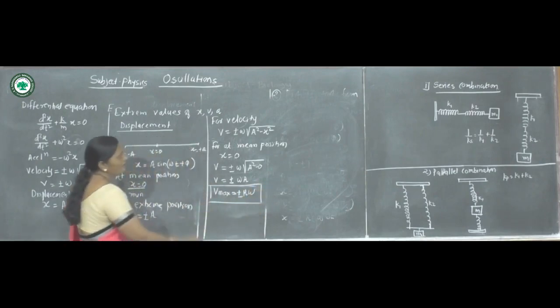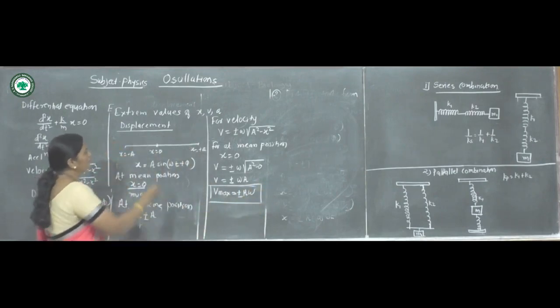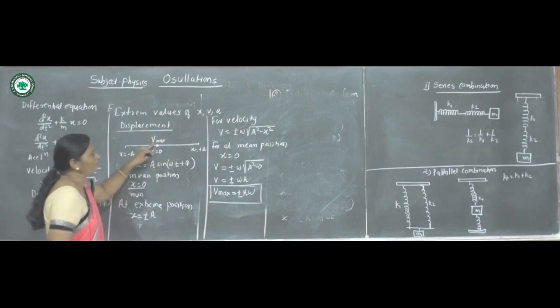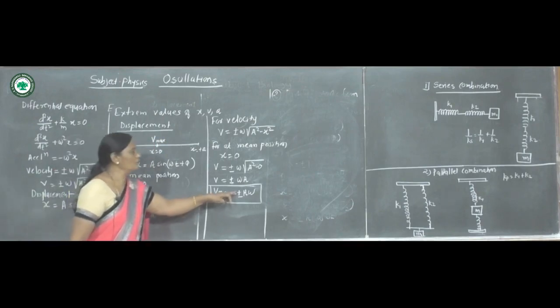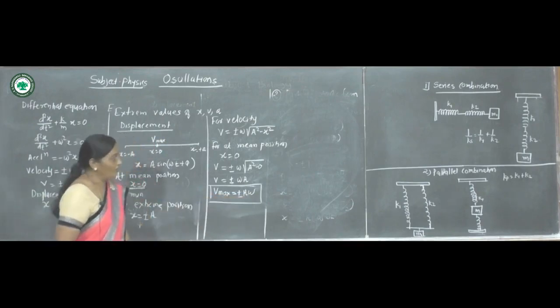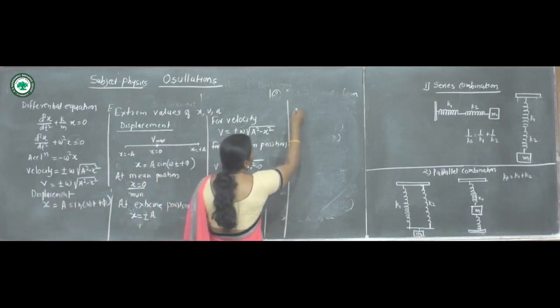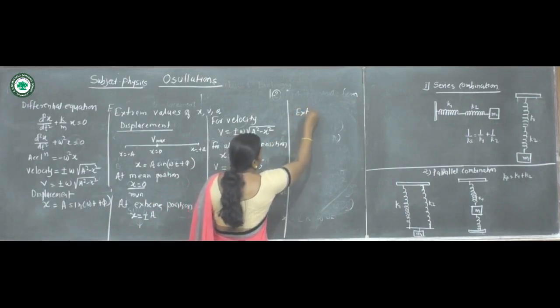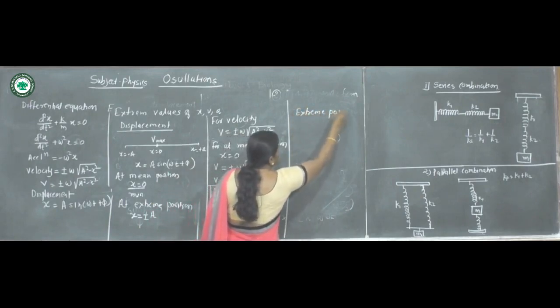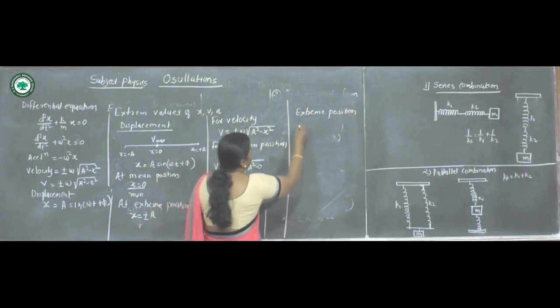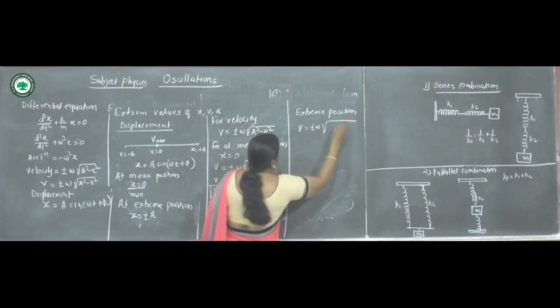Velocity is maximum at mean position. That is, v max is equal to plus or minus a omega. Then velocity at extreme position. Suppose v is equal to plus or minus omega under root a square minus x square.